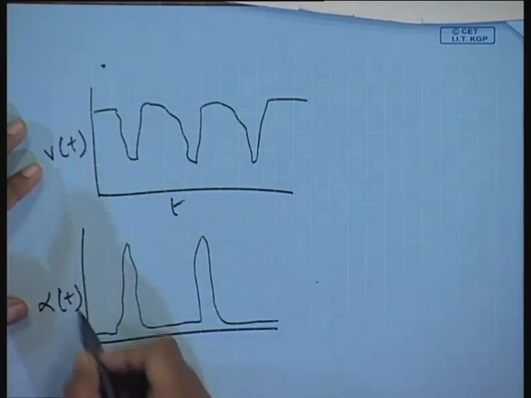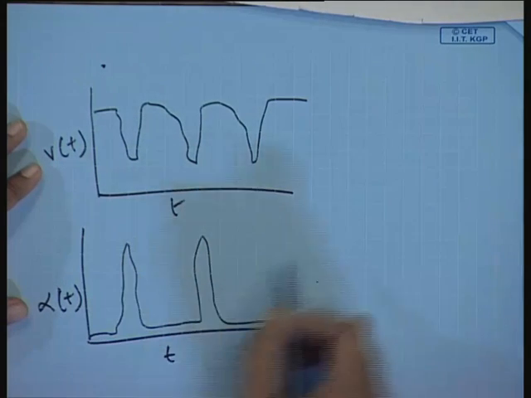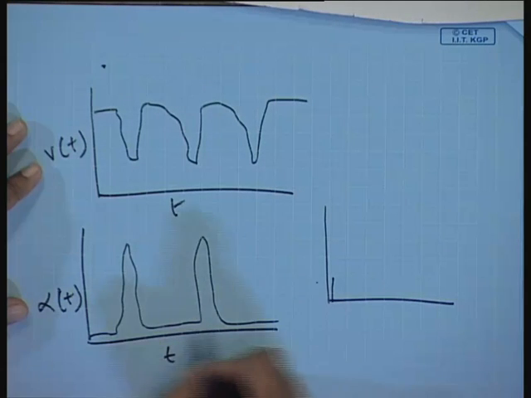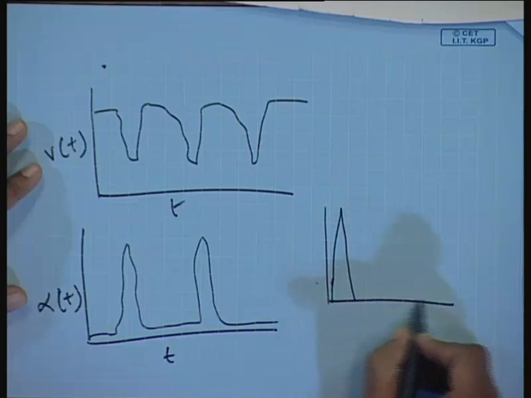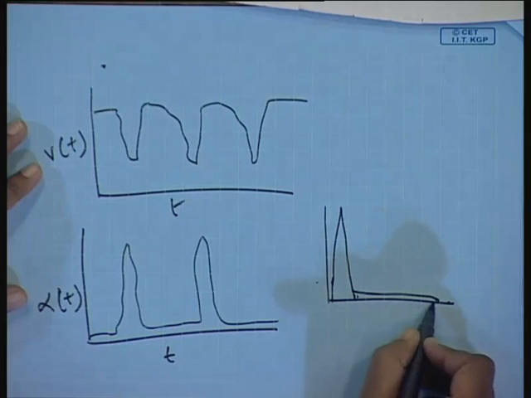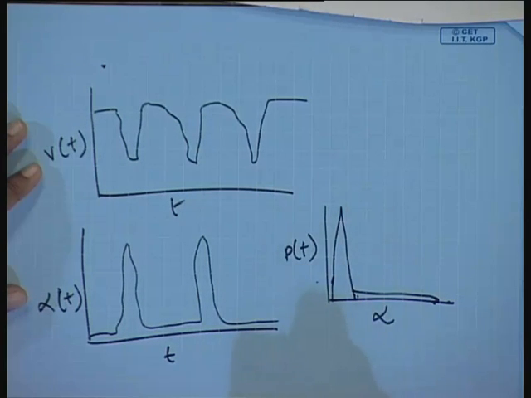So, if we perform the PDF analysis of this particular signal, since the PDF will be high at low alpha, we will get a peak at low alpha, and then a very low value at high alpha, isn't it? So, if we plot probability versus alpha, is it clear to you?